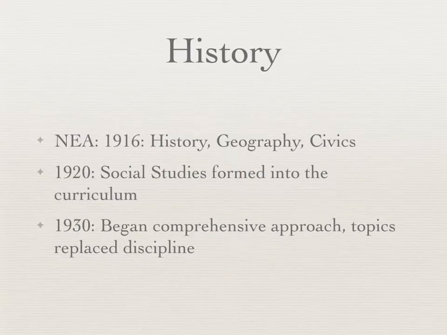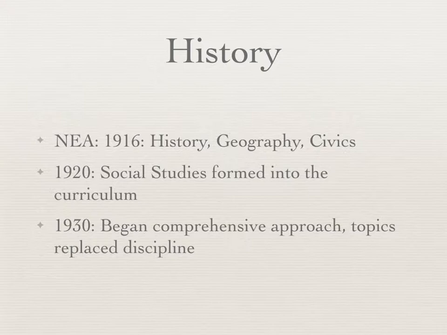Let's back up and look at some of this history. So in 1916, the NEA, which is the National Education Association, created the idea that we wanted to have history, geography, and civics taught to our students. If you think about this time in our country, we have maybe a lot of new citizens.